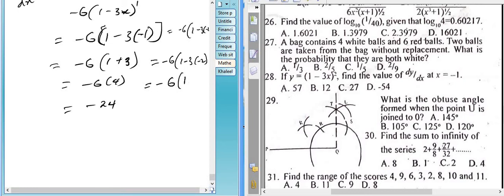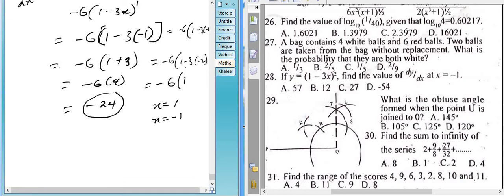I think the answer should be this, but in some solutions on the website, they found the answer to be 12, because they take x to be equal to 1, not equal to minus 1.